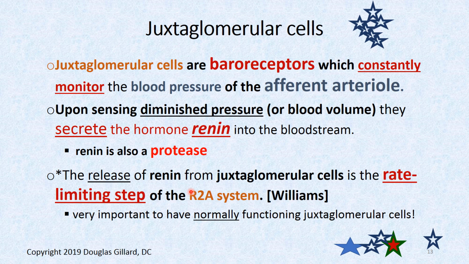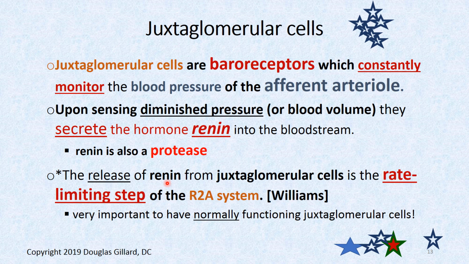The release of renin from the juxtaglomerular cells is also the rate-limiting step of the R2A system. What in the world does that mean? The rate-limiting step. That means that angiotensin II, which is the workhorse of the R2A system, can only be released via the release of renin.